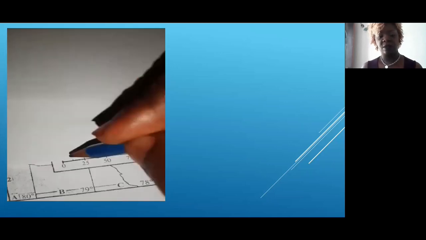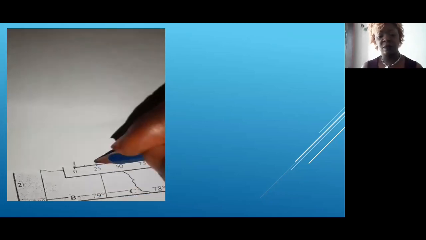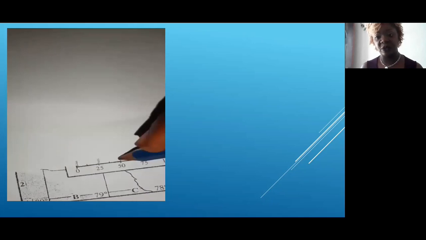All right, so on this little short clip, you're going to see how we actually put the paper up to the scale to ensure that we have the correct measurements, all right? Let's go through this real quick. Remember to do the marking, that's very important.